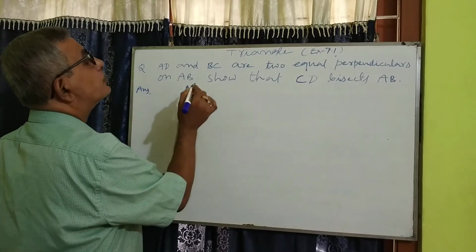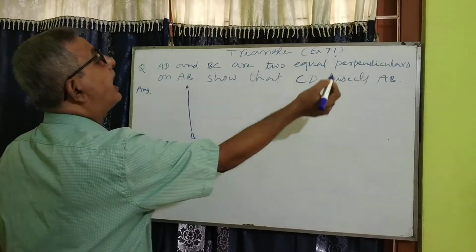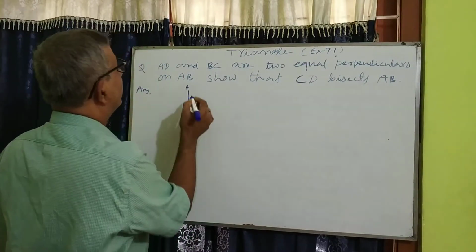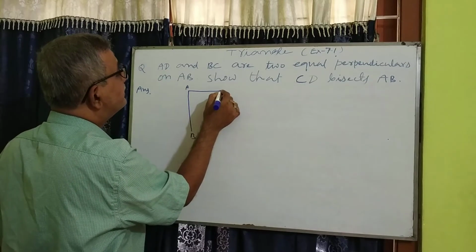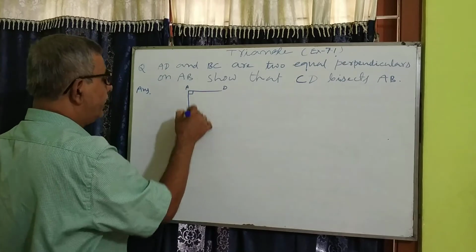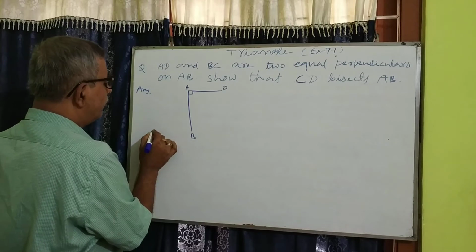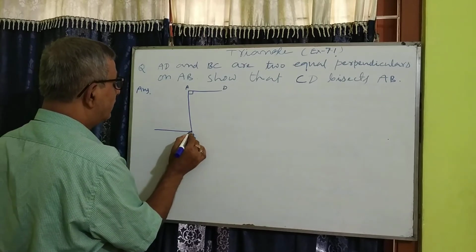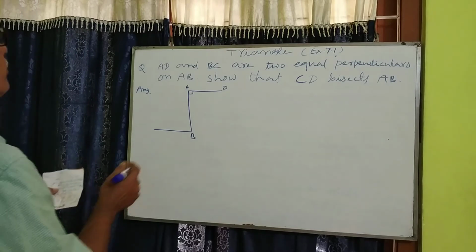So AD and BC are two equal perpendiculars on AB. AD means this is AD, this is D. So AD is perpendicular to AB, and also BC is perpendicular to AB.